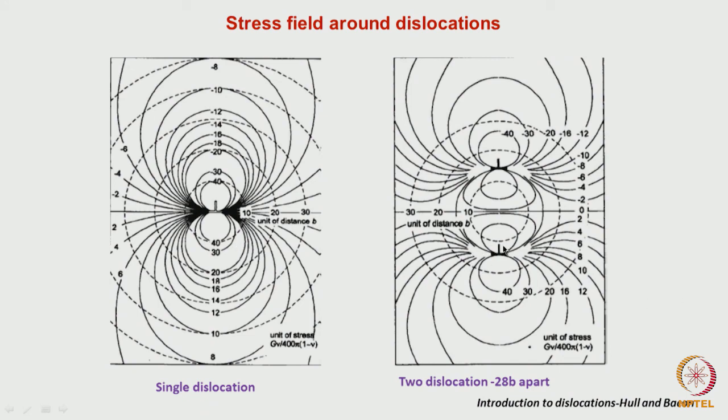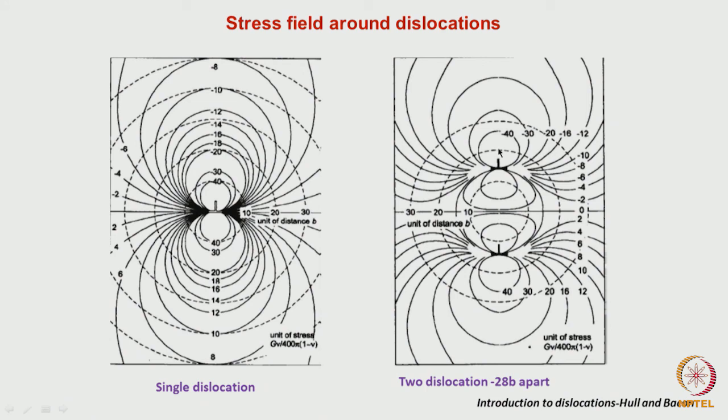If we have one dislocation and then another dislocation just above it, then at the bottom there should be a tensile stress. Corresponding to this one, qualitatively, there should be a compressive stress. So these stresses will cancel.